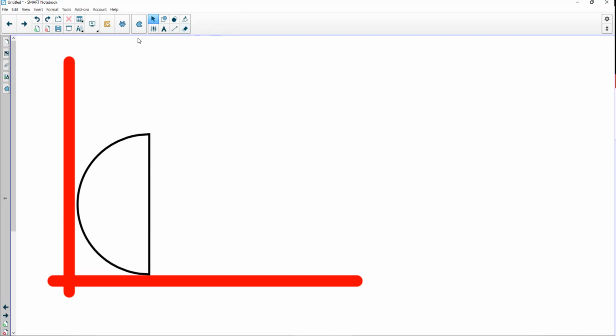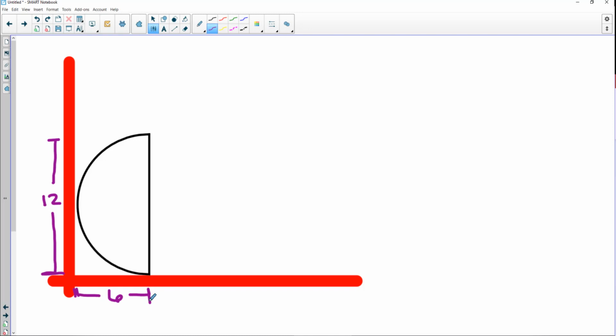So this time, I'm going to tell you that we have a diameter of 12. And that makes our radius 6.